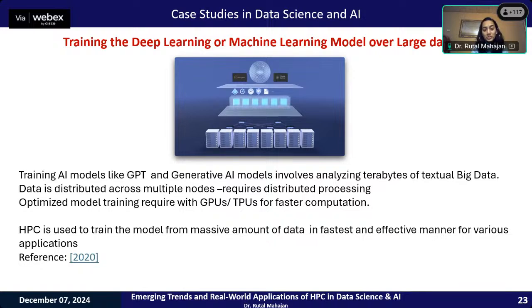So to reduce the processing time and to process that data effectively for training that model, we require HPC.